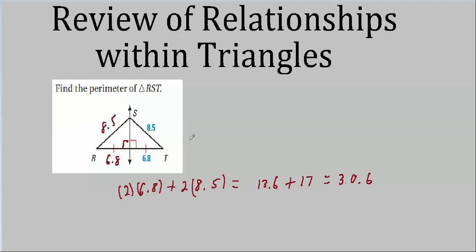So, once we have congruence, we just add it all up. 2 times 6.8 is 13.6, 2 times 8.5 is 17, and the whole perimeter is 30.6. Fairly easy, just had to spot the congruence.